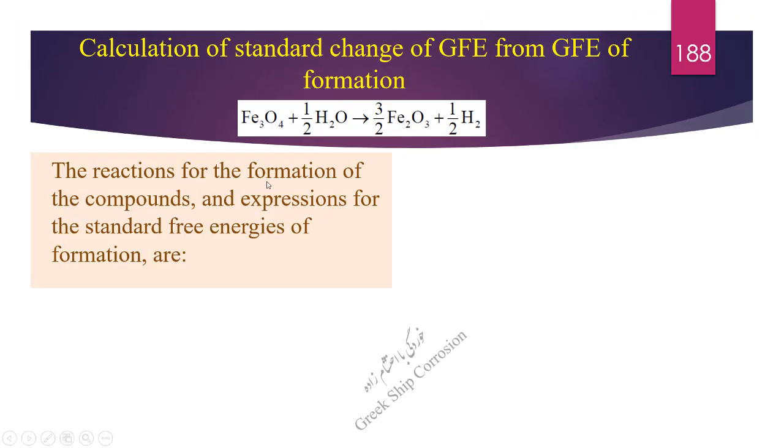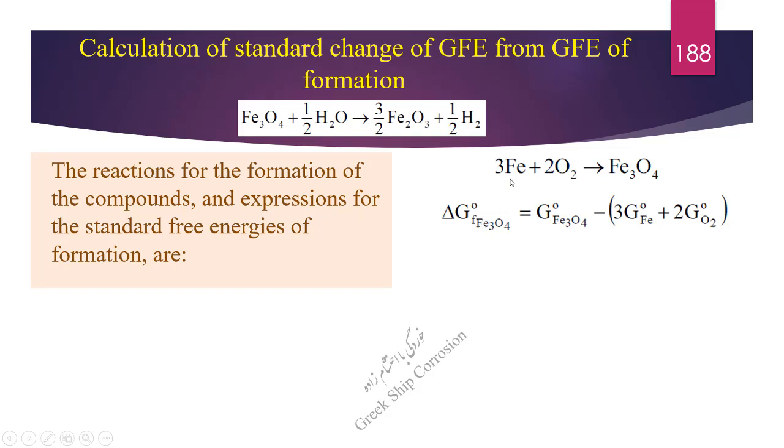The reactions for the formation of the compounds and expressions for the standard free energies of formation are: 3 molecules of iron plus 2 molecules of oxygen react to yield 1 molecule of magnetite, or Fe3O4. The standard Gibbs free energy of formation of Fe3O4 is equal to the standard Gibbs free energy of Fe3O4 minus the sum of the standard Gibbs free energy of iron and the standard Gibbs free energy of oxygen multiplied by the coefficients.